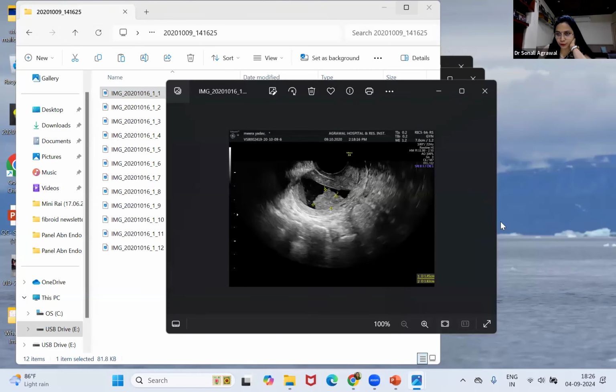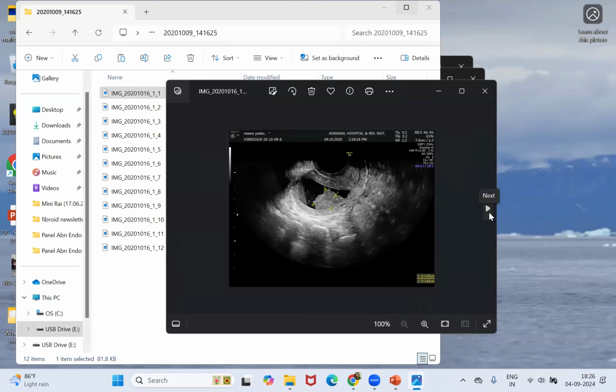So I just wanted to show, and I would like to ask if Dr. Battiston or Dr. Kalpana is there. Yes, ma'am. So this was the ultrasound picture. Can you describe this ultrasound picture of this postmenopausal patient? Can you see my screen? Yes, I can see, ma'am.